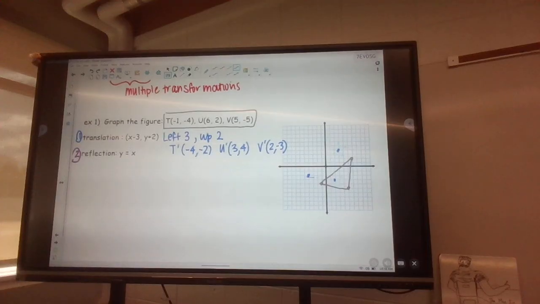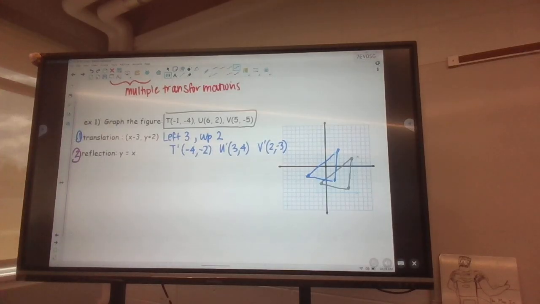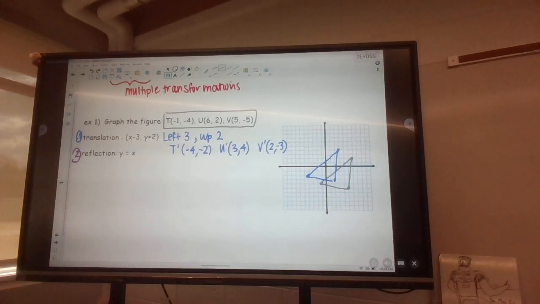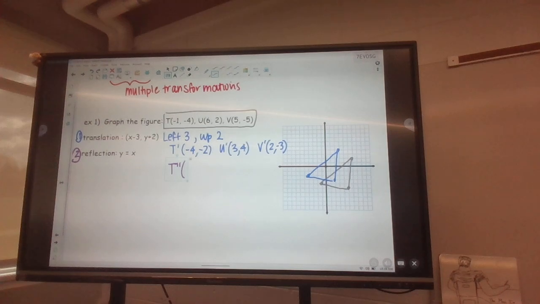So this is our translated version, which we've done already. We know how to do that. Now, if you want to describe the final one, since we're moving it another time, they just give it another tick mark. So we're flipping the x and y. So we call it T prime prime, or with apostrophe, apostrophe. We're going to flip these two, remember.